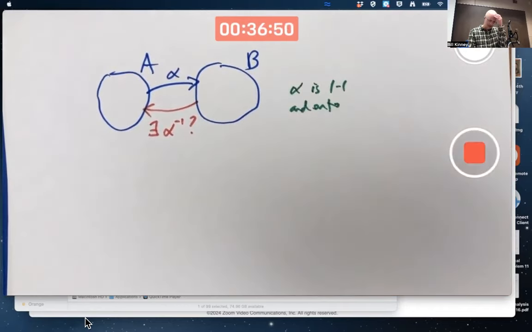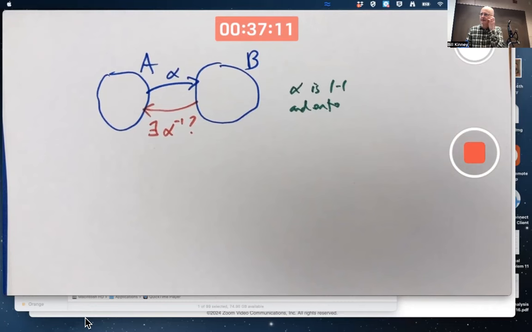How do you show that that alpha inverse in the theorem exists? If you're going to show it exists, the only thing you could possibly do is construct it. What, with a hammer? No. Mathematically construct it, define it.